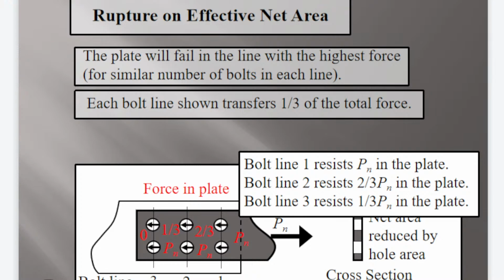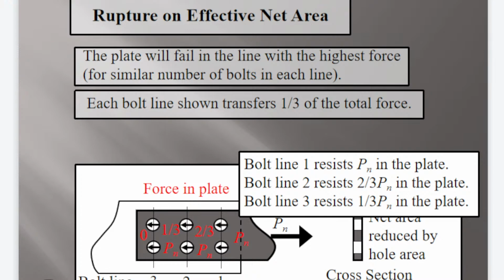Okay. Next slide. The plate will fail in the line with the highest force. Again, same concept. We have bolt line 1, bolt line 2, bolt line 3 that resist the load in the plate.